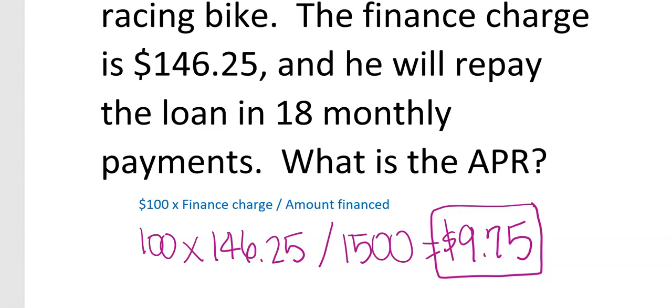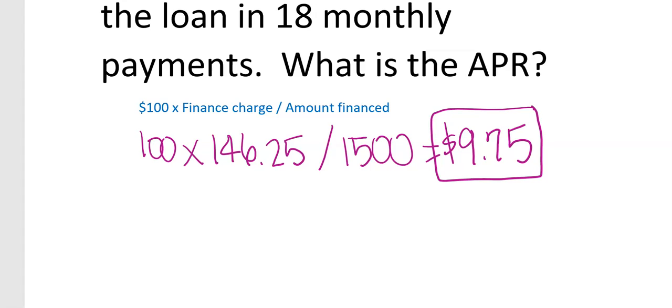So flip it over to the next page. You're going to look at 18. Notice how the first one is $9.77. That is the closest one to $9.75 that we can get. So on the top of A9, you look for 18, you go right directly next to it, and it says $9.77. That's the closest one. I'm going to write that here so you know that you can do close.